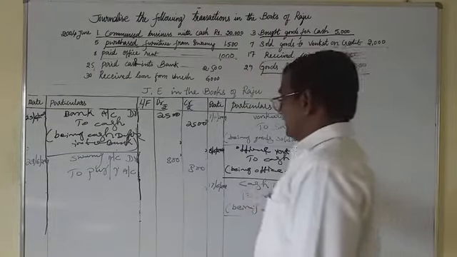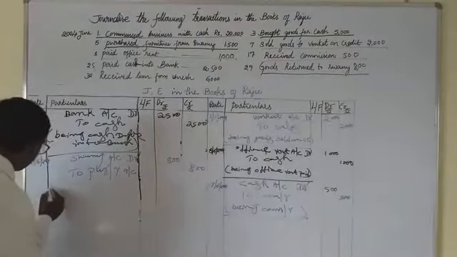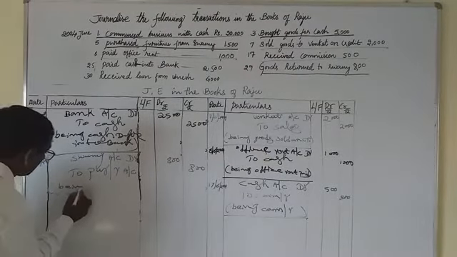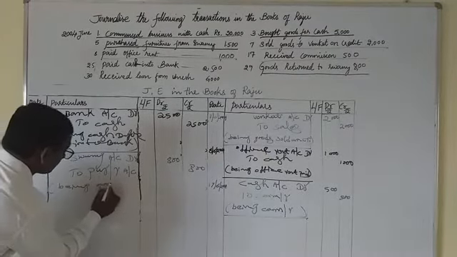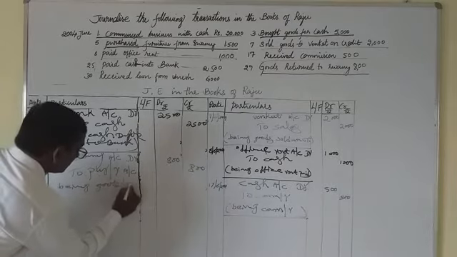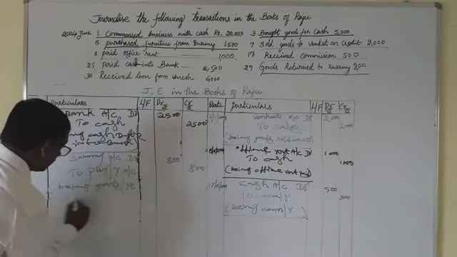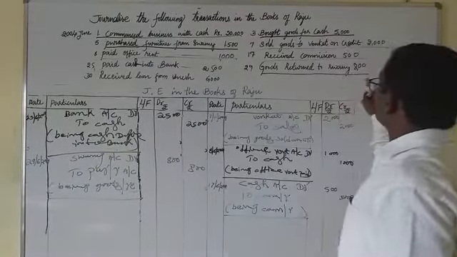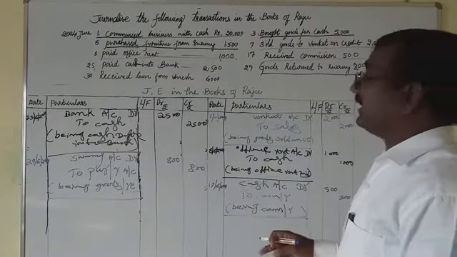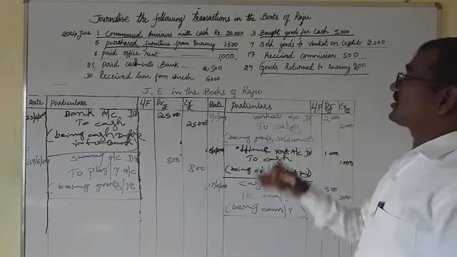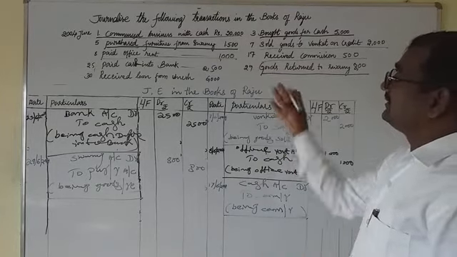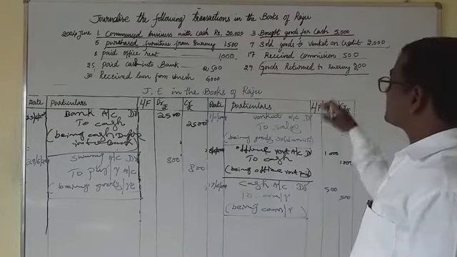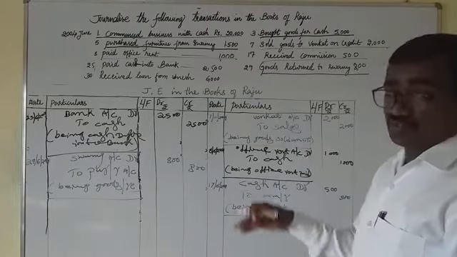Being goods returned. So goods returned to Swami account 800. We bought the goods in another transaction, and in this transaction we return the goods to Swami.